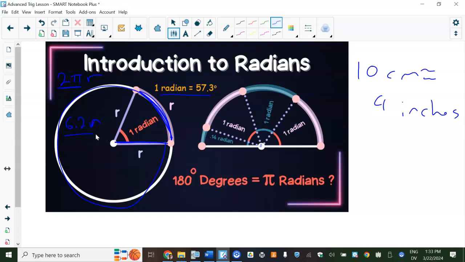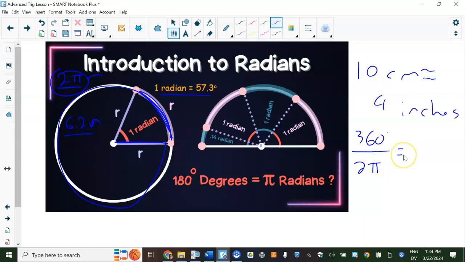Okay, so if you work that out, it's 2 pi radians all the way around, 2 pi radiuses essentially to get around the circle. Then 360 degrees is equivalent to 2 pi radians, or about 6 radians.